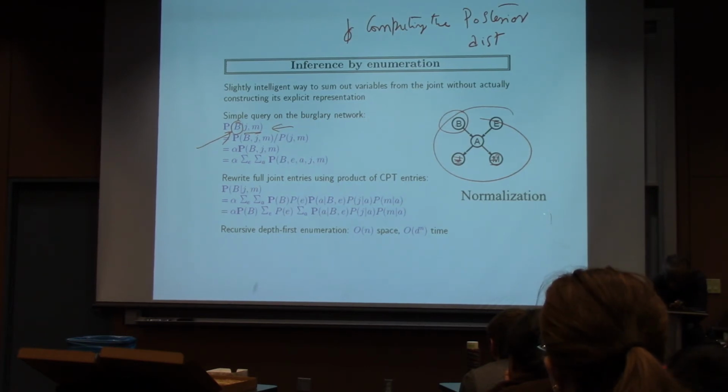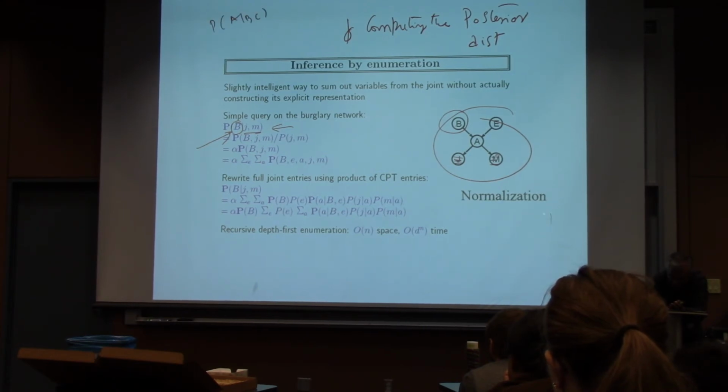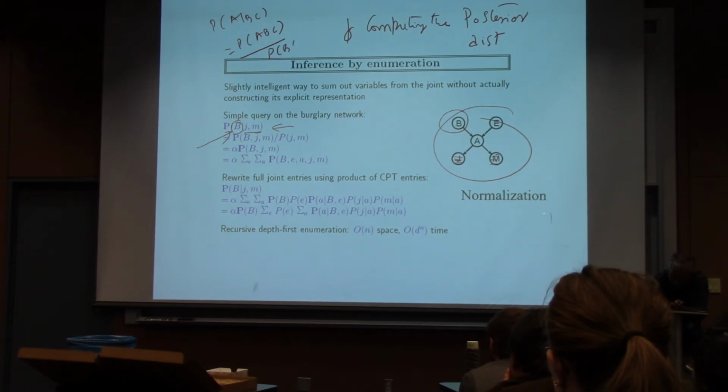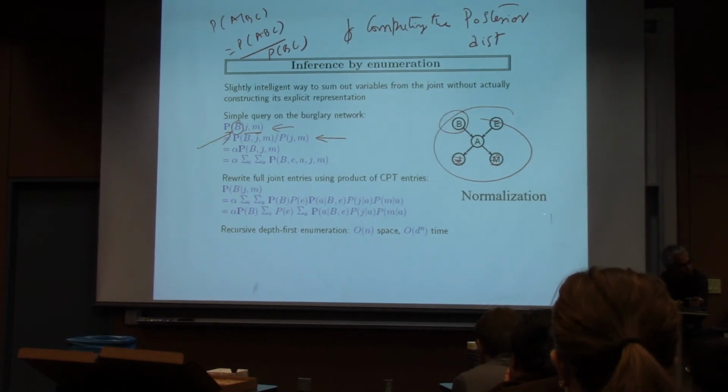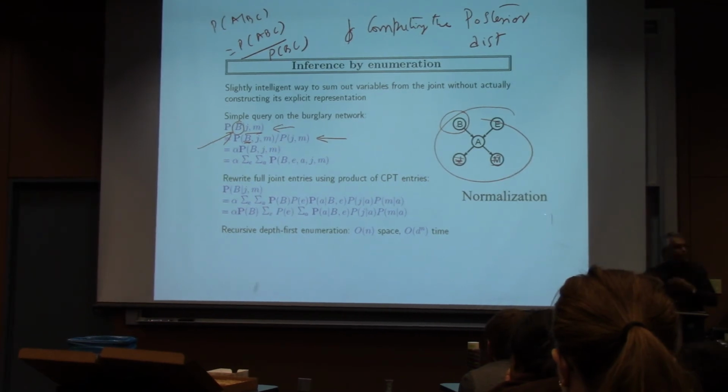I can always write P(A | B, C) as P(A, B, C) by P(B, C), right? That's all I did here, except I just allowed this to be B. So in fact, this is two equations, a set of equations: one for B equal to true and one for B equal to false.